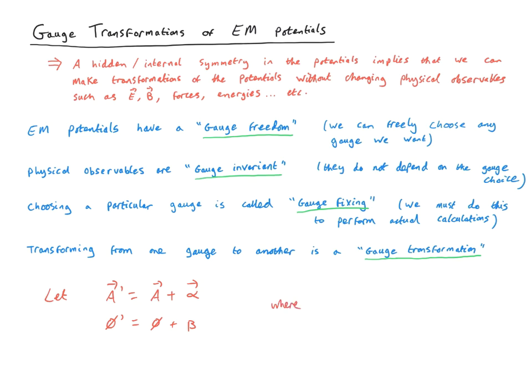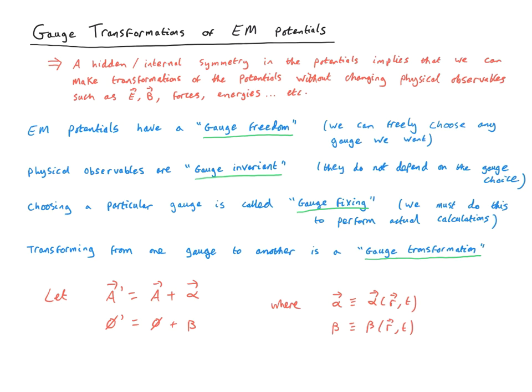And it's important to note here that alpha is a true vector field that exists everywhere in space and can change in time. Likewise, beta here is a scalar field. It's something that exists everywhere in space and can change in time.